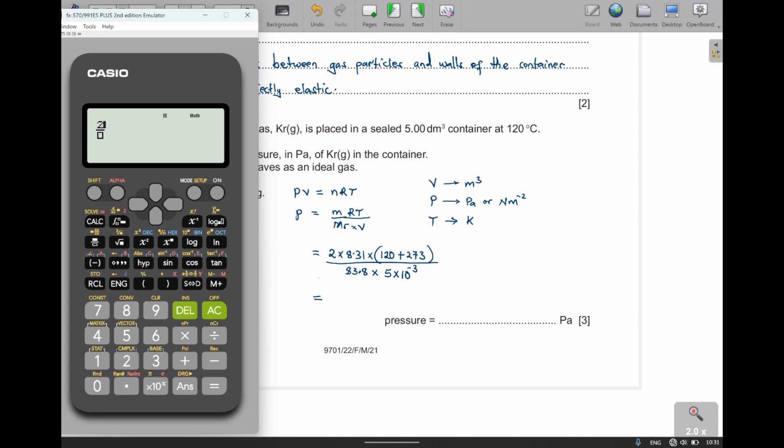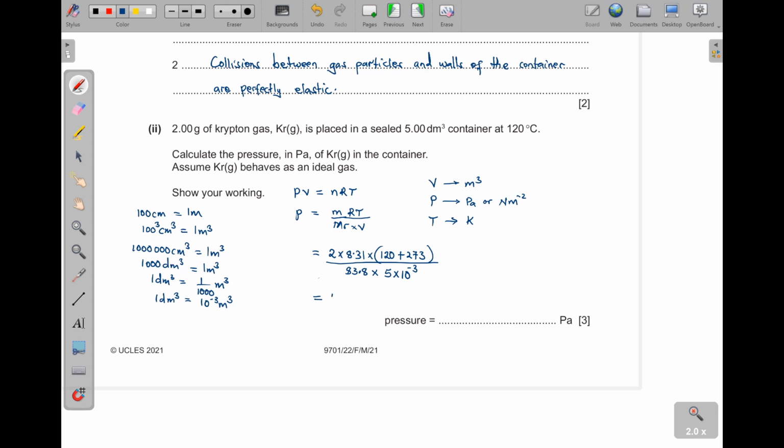We have 2 times 8.31 times 120 plus 273, then down here we have 83.8 times 5 times 10 to power negative 3. So that gives 15588.68735.